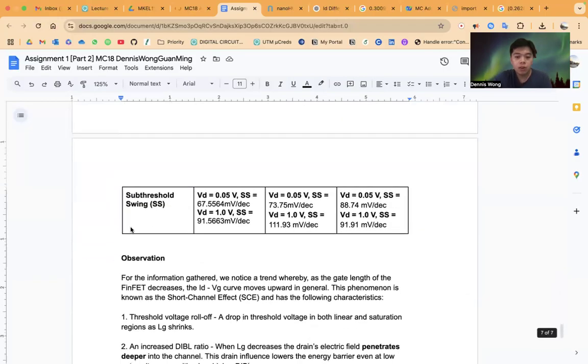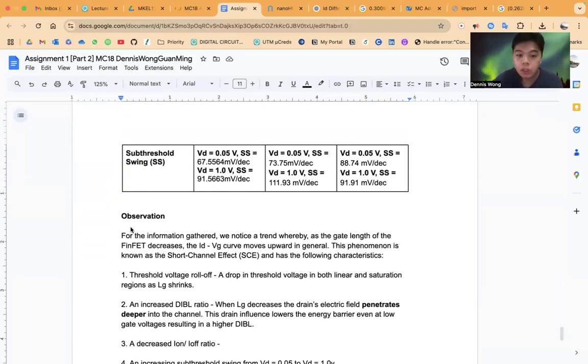This phenomenon is actually known as the short channel effect. So we notice a trend whereby as the gate length decreases, the ID-VG curve is moving upwards.